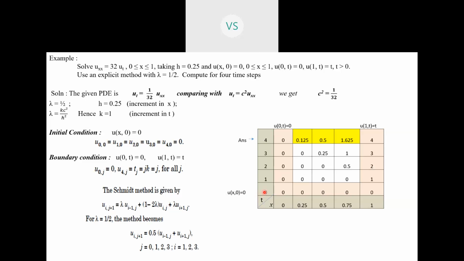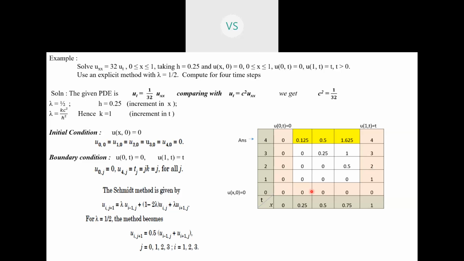Now here you can see t is equal to 0. This is a row. What does this row tell you? That in this row you consider any point, at that point t is equal to 0. Are you getting it?